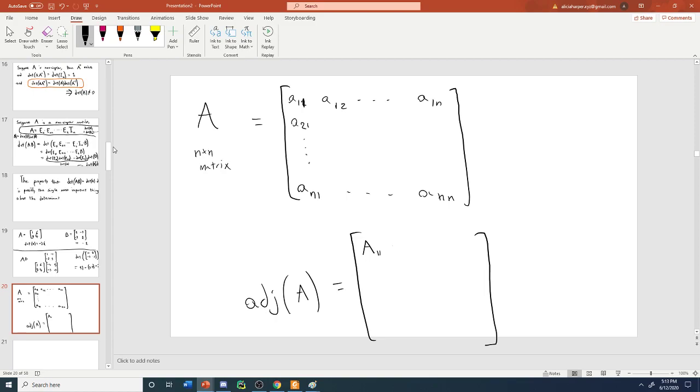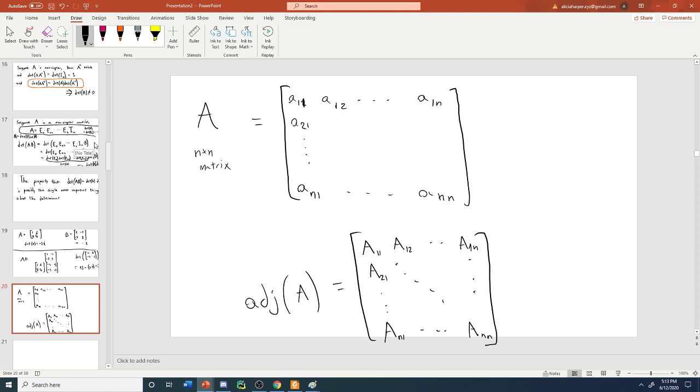Right here in the 1, 2 entry, we'll put the cofactor A12. Likewise over here, A21, blah, blah, blah, capital A, N1, capital A, NN, and capital A, 1N. So I have a matrix A, and from it I can form another matrix called the adjoint.